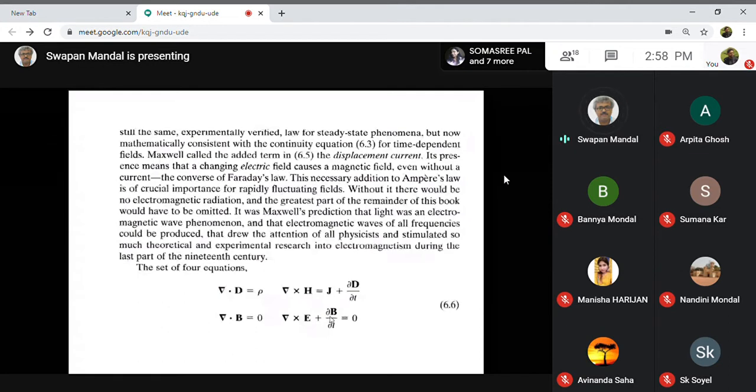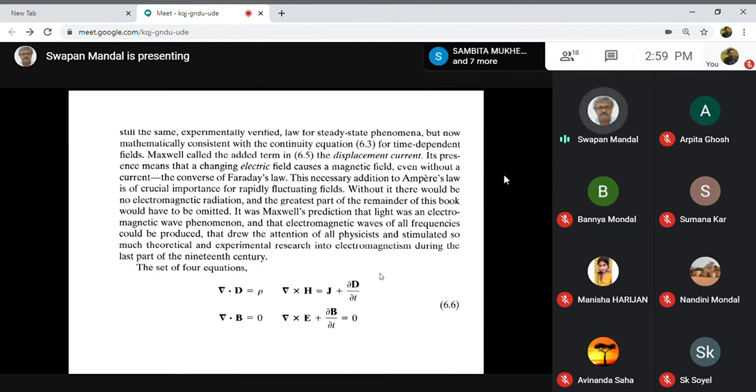Fortunately, this equation is also homogeneous in nature. On the other hand, this equation is non-homogeneous because of the presence of J. If I put rho equal to 0 and J equal to 0, in other words, there is no source for charge as well as for current, in that situation, all four Maxwell's equations will be homogeneous equations.